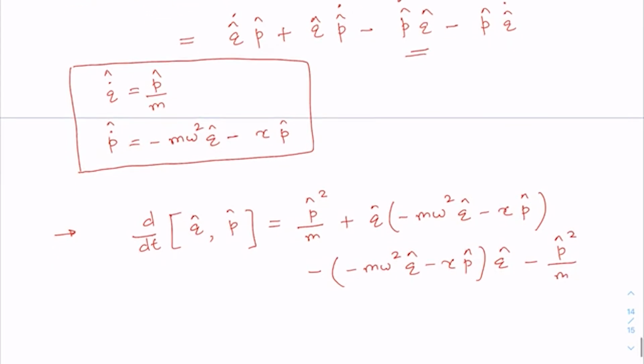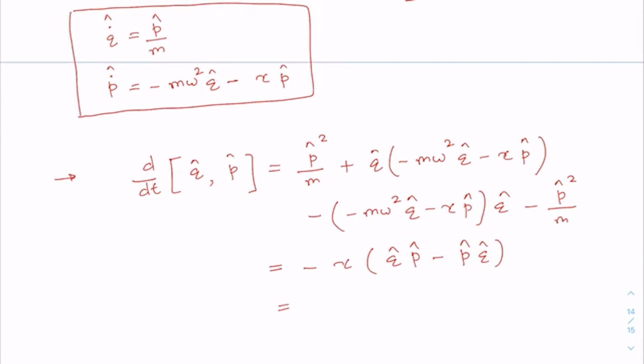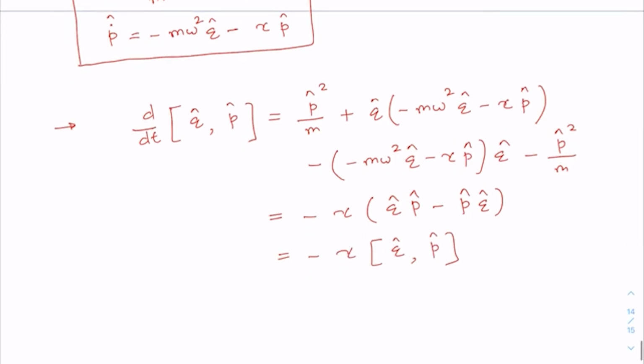All right, so if I do the algebra, I will just have minus gamma times qp minus pq, or I can simply write it as minus gamma times the commutator between q and p. Now it is very clear that we can simply write this for q of t, p of t.